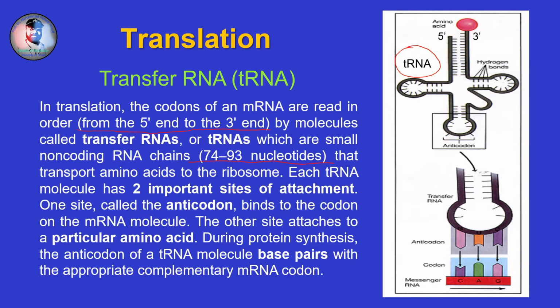Each tRNA molecule has 2 important sites of attachment. One site, called the anticodon, binds to the codon on the messenger RNA molecule. The other site attaches to a particular amino acid. During protein synthesis, the anticodon of a tRNA molecule base pairs with the appropriate complementary messenger RNA codon.